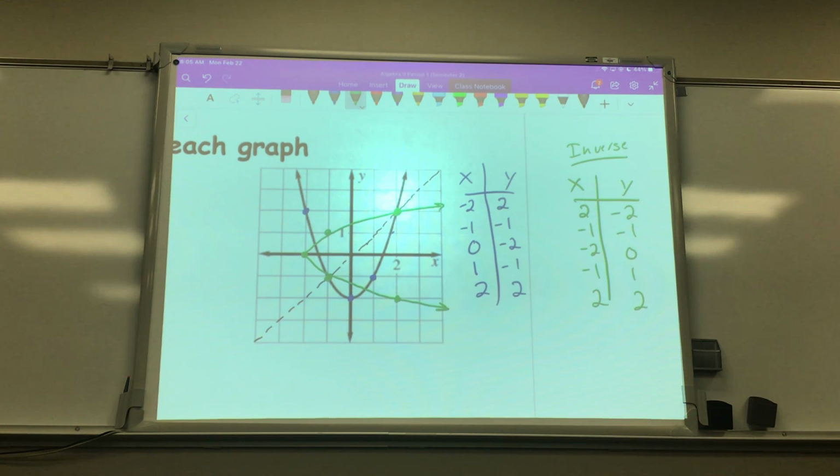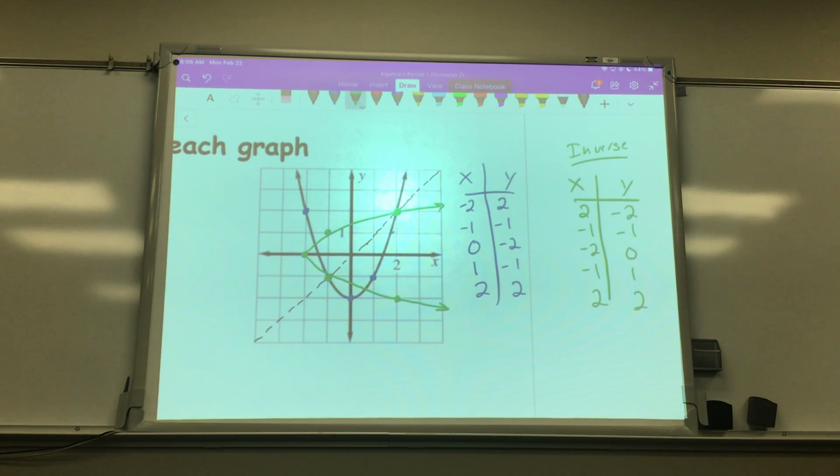Now, is the inverse a function, or is it a relation? Remember, a function is you get one input equals one output, right? We had a test to verify that.